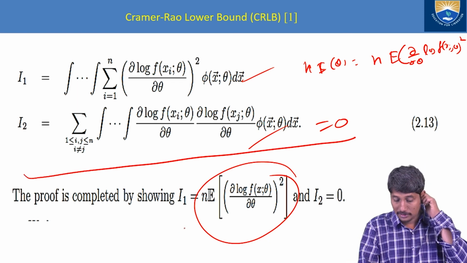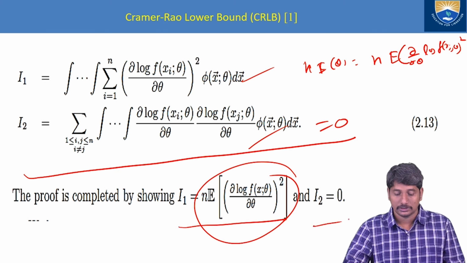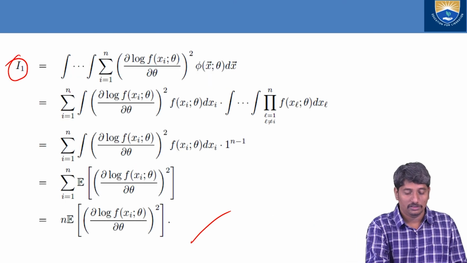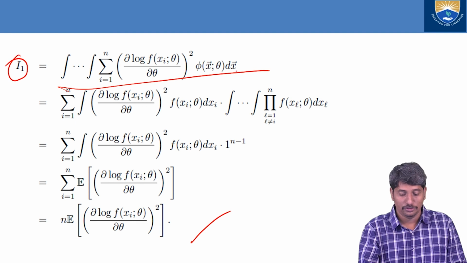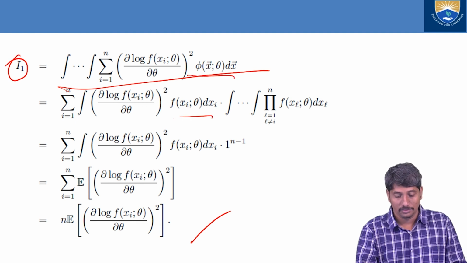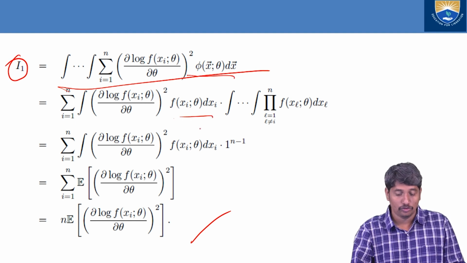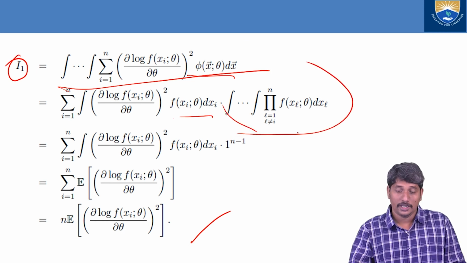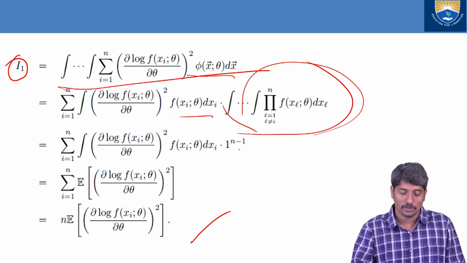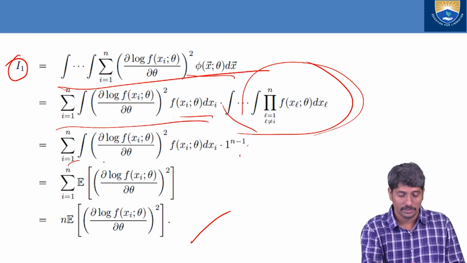So to prove that I1 is this and I2 is this, we started with I1, and again we used the meaning of phi, and we kept only the ith term and clubbed the remaining. You know that every density function integrated from minus infinity to infinity is 1, so this becomes 1 power n minus 1, and we will be left with this.